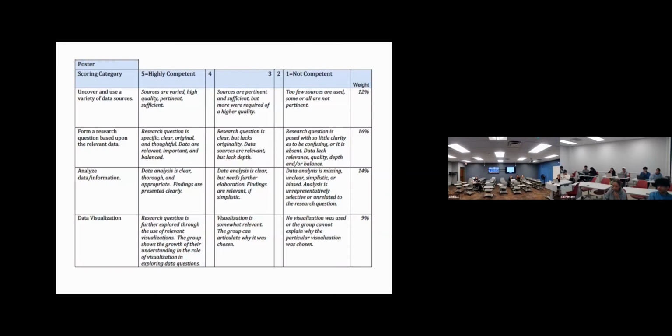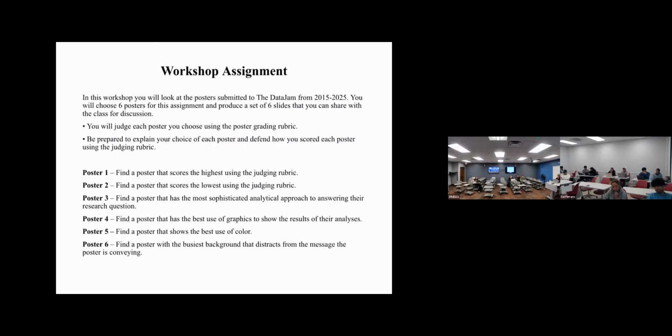We're going to ask you to select 6 posters in your small group. So this is your workshop assignment. You're going to look at posters submitted to the DataJam from 2015 to 2025. You're going to choose 6 posters. You have a huge number of posters to choose from, so you're going to need to look at them to pick out 6.